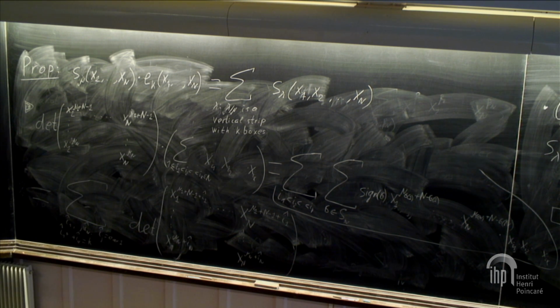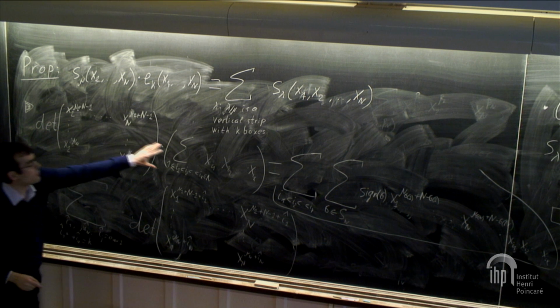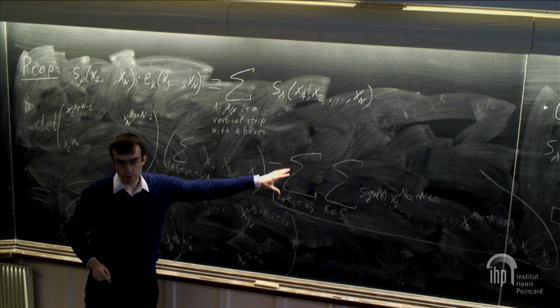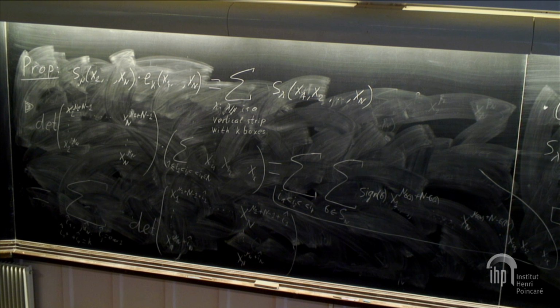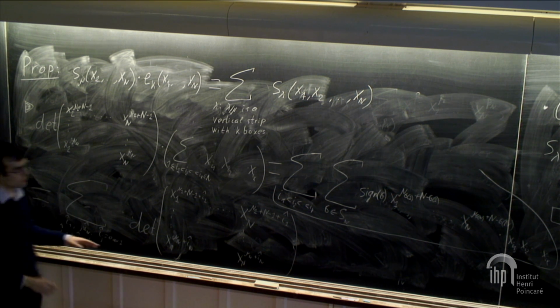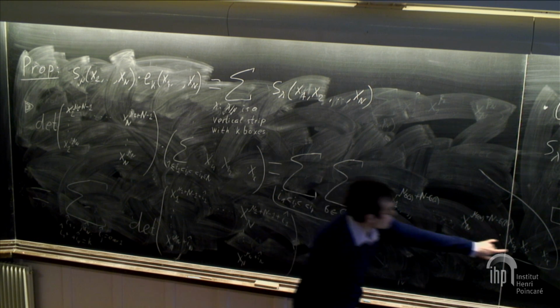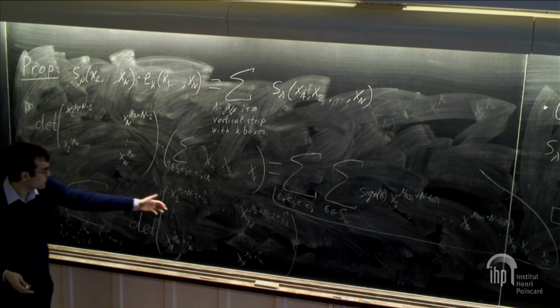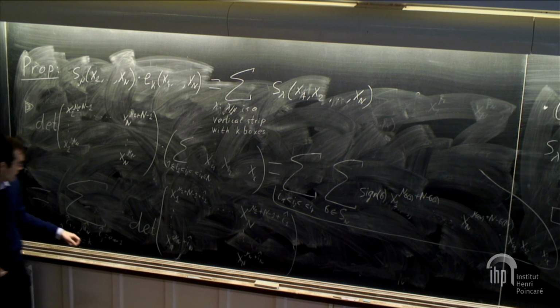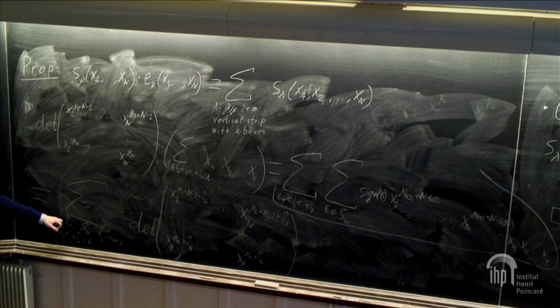So what is happening here? First I just expand. This is a large sum over indices I and over permutations. And there I just notice that this is a sum of determinants. So these new factors can just appear here. Here I sum over all indices i hat 1, ..., i hat n.